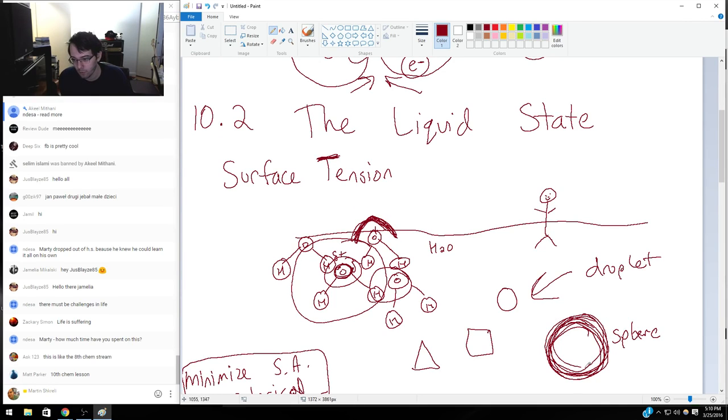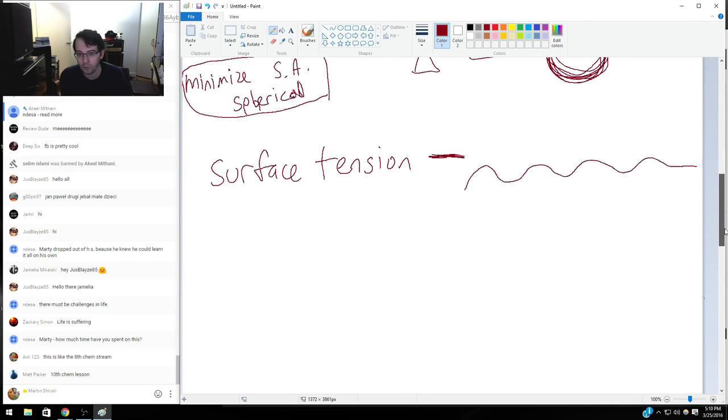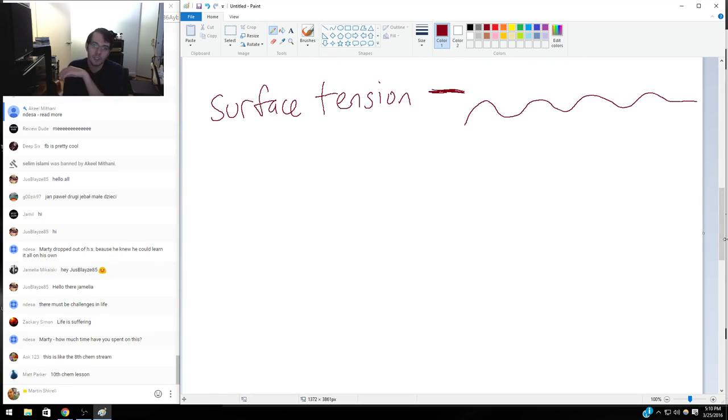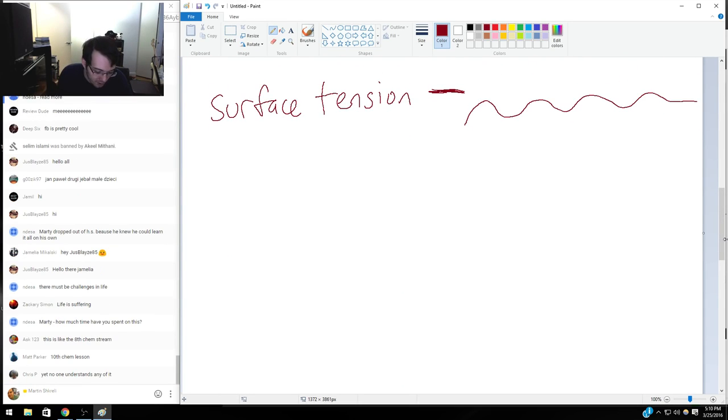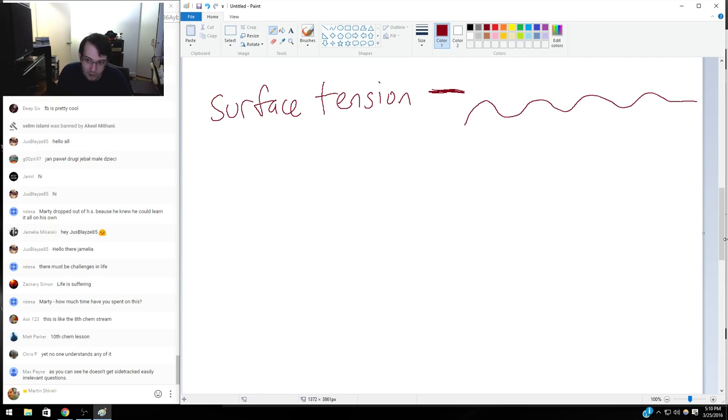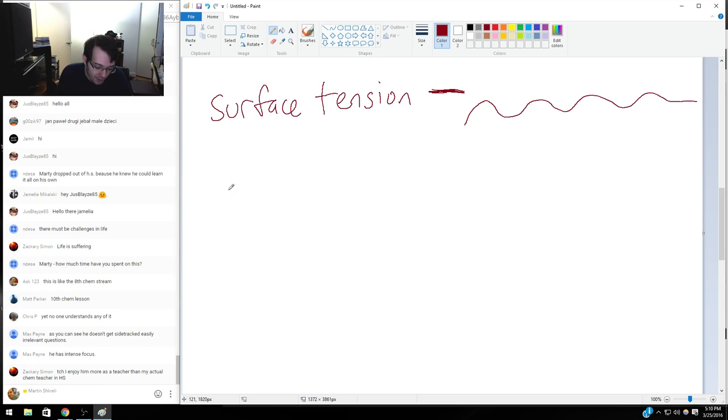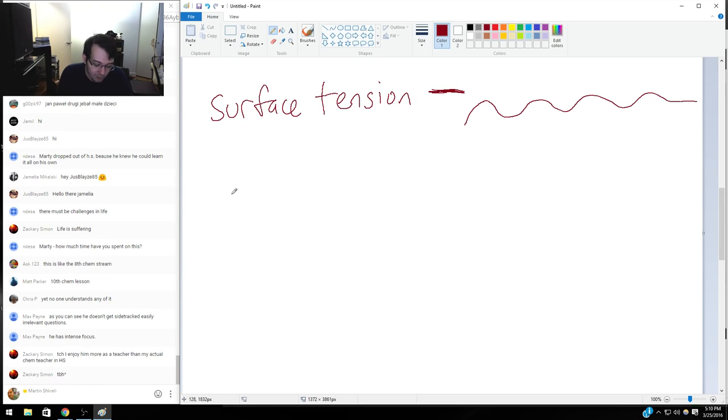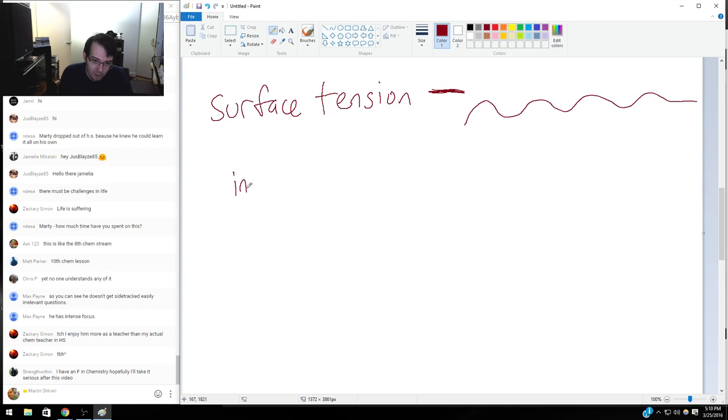And we know because liquids form droplets that it won't do that. We know that systems tend to seek the lowest energy possible. So surface tension is the resistance of a liquid to increase its surface area. And some liquids, like water, are really resistant to doing that. But there are others that have lower intermolecular forces and lower surface tension.